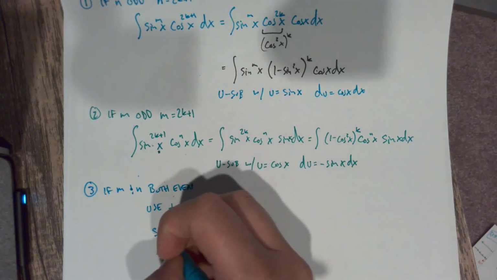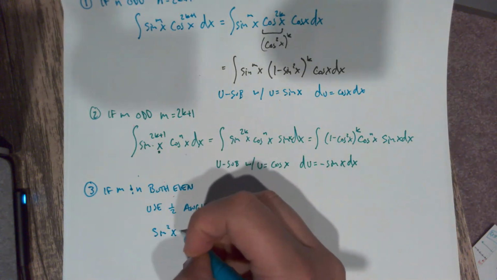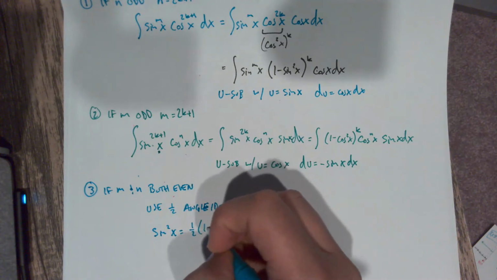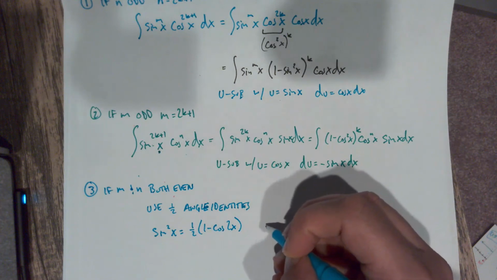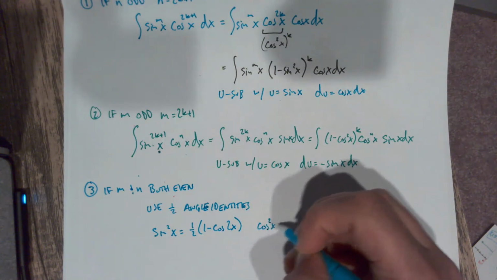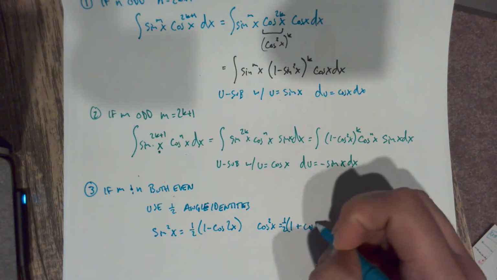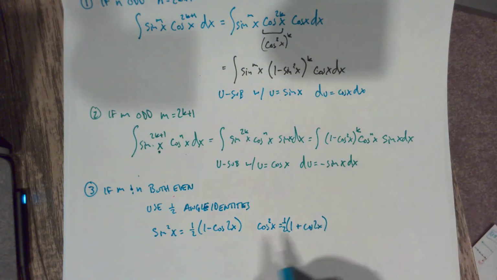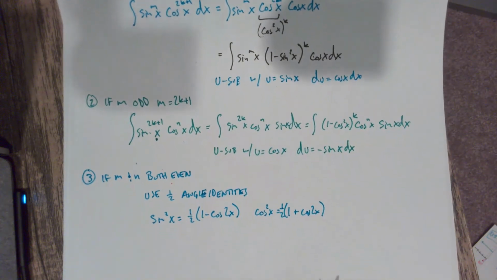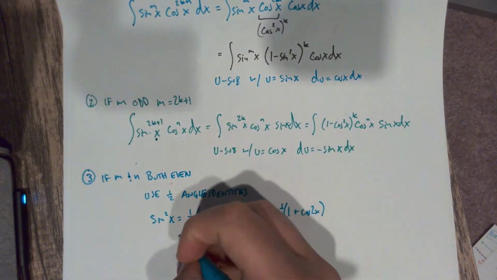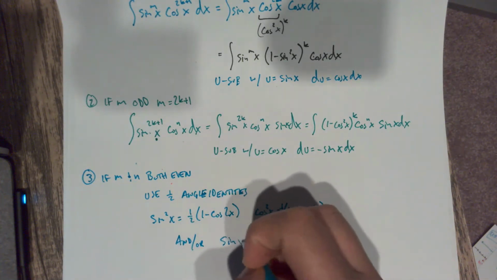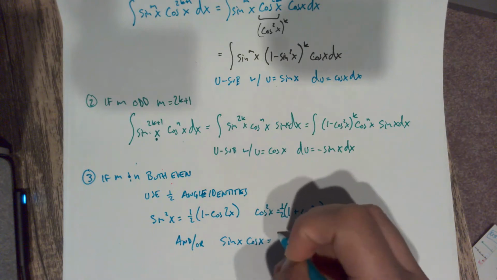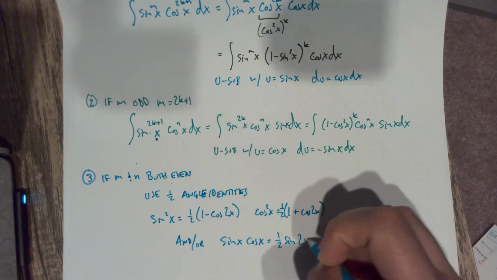Half-angle identities like sine squared x equals 1/2 times 1 minus cosine of 2x, or cosine squared x equals 1/2 times 1 plus cosine of 2x. We can use those half-angle identities, and or this other helpful identity, sine x cosine x equals 1/2 sine 2x.